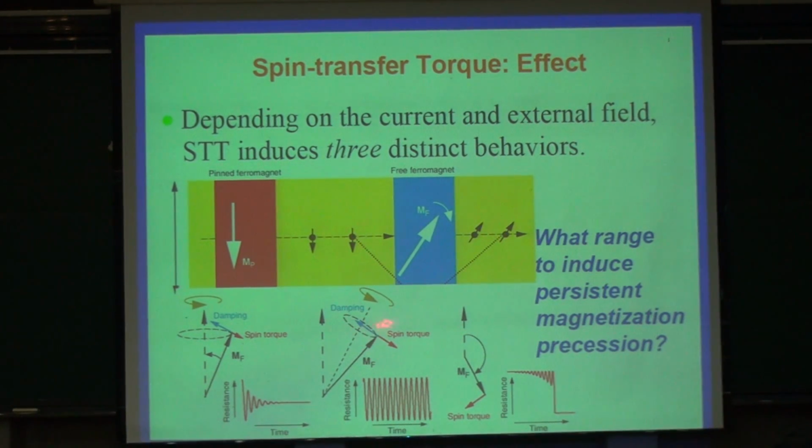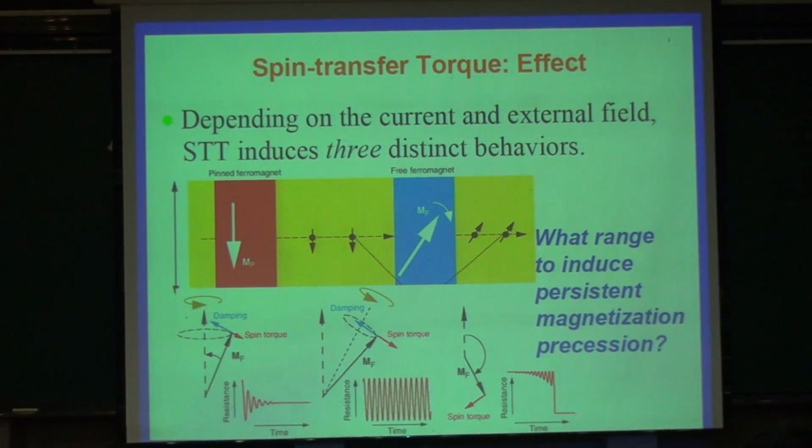But one tricky thing is that if you adjust your spin current density equal to the damping rate, then what will happen? The magnetization will, just like normal precession, oscillate all the way around like this. And this is the idea for the spin torque nano oscillator.